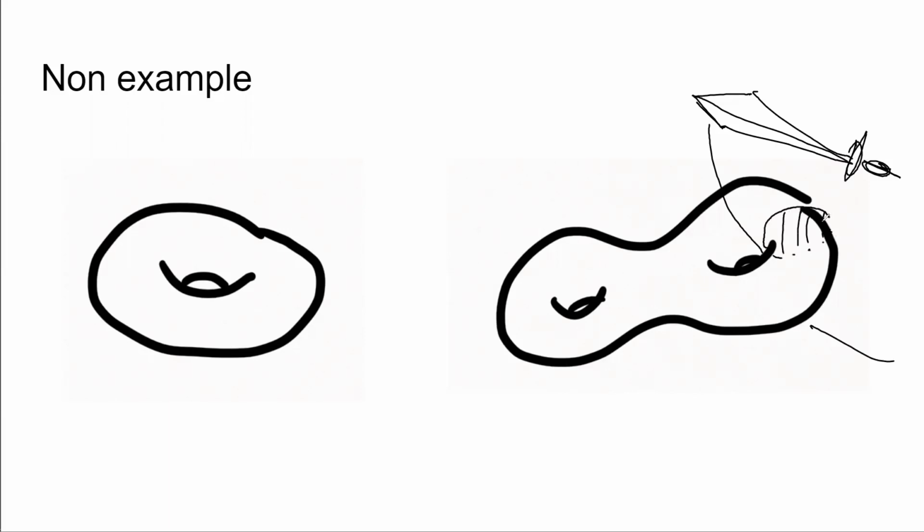Then you can take this chopped shape, and we're imagining that these are solid, made out of modeling clay, and you can shrink these legs in until you get this donut. So this is a solid torus, and this is more like a donut with two holes in it. In order to get from one to the other, you have to make a cut, and therefore this is not a homeomorphism.